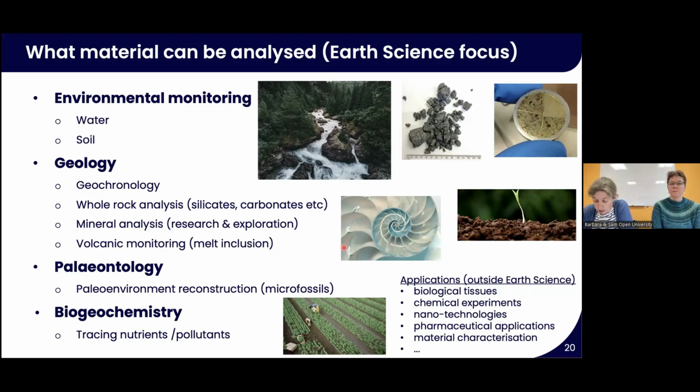We do some work on biogeochemistry, so thinking about tracing pollutants or looking at bioavailable nutrients in samples, for example. And these are just some of the examples that we have in the field of earth sciences. There are lots of applications outside of earth sciences, so thinking about biological tissues, chemical experiments, nanotechnologies, pharmaceutical applications, material characterization, and much, much more.